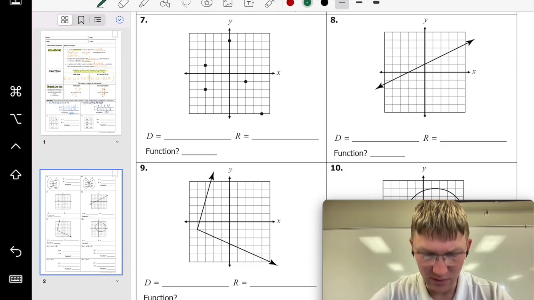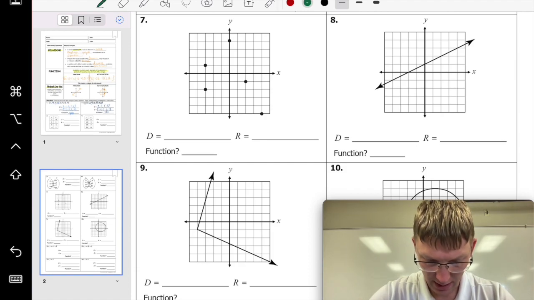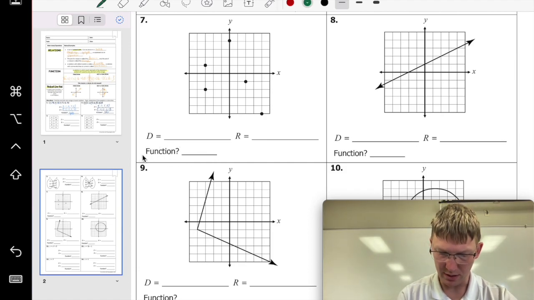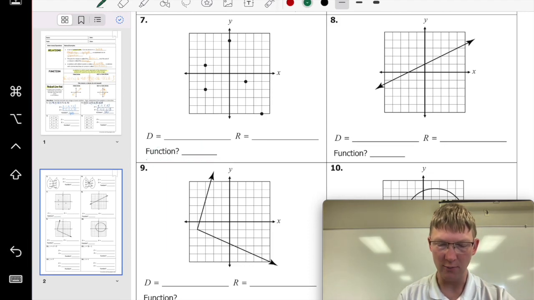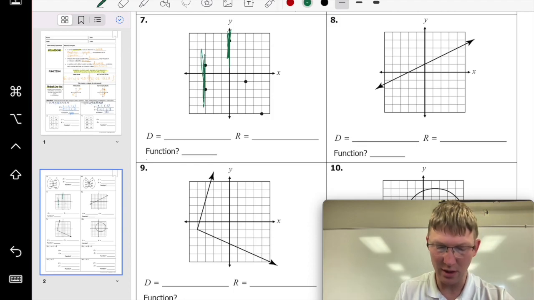So again, it's a graphical representation as opposed to a list of numbers. And I'm just going to start with, is it a function? If we use the vertical line test, that point only hits once. But if you go here, that point hits twice.